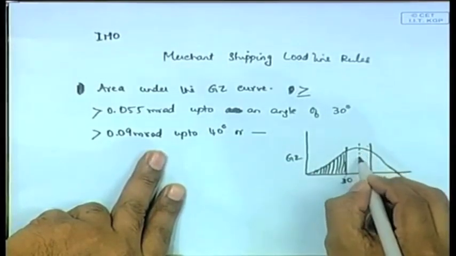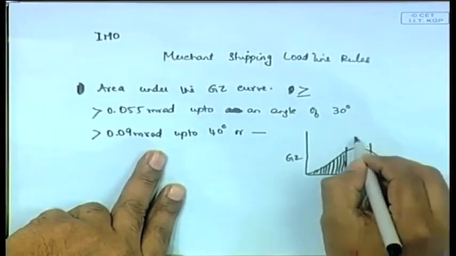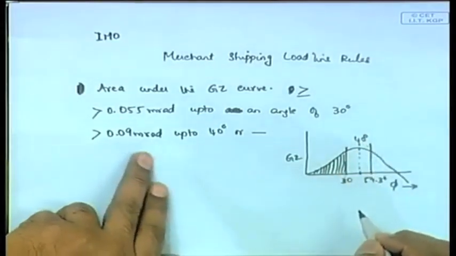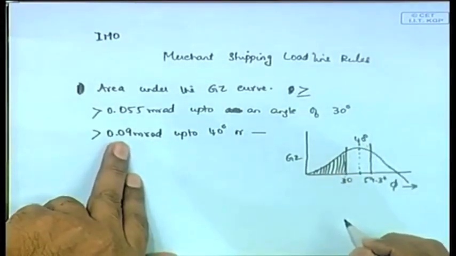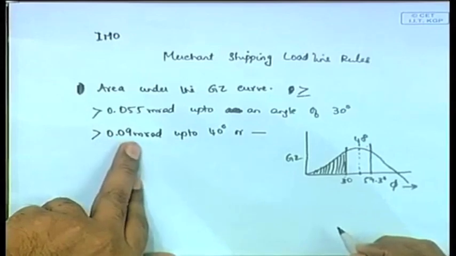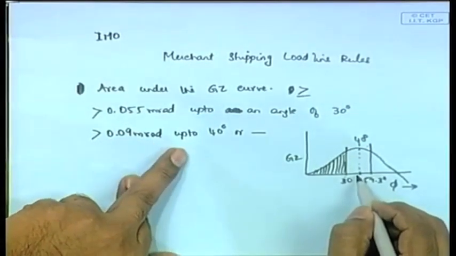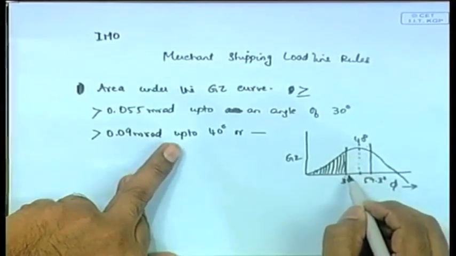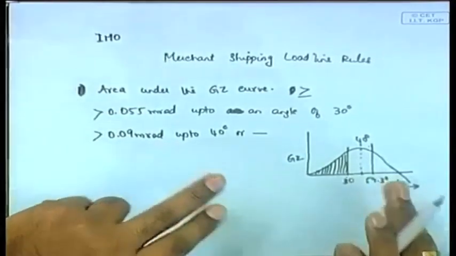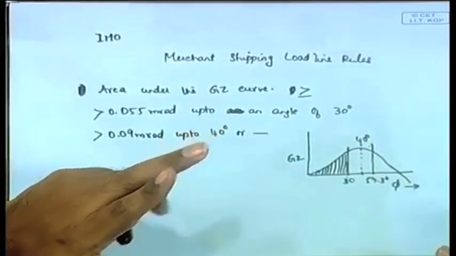Now, it also says that this GZ curve area should be greater than or equal to 0.09 meter radians up to 40 degrees, or suppose that before that 40 degrees some opening is there in the ship's hull.